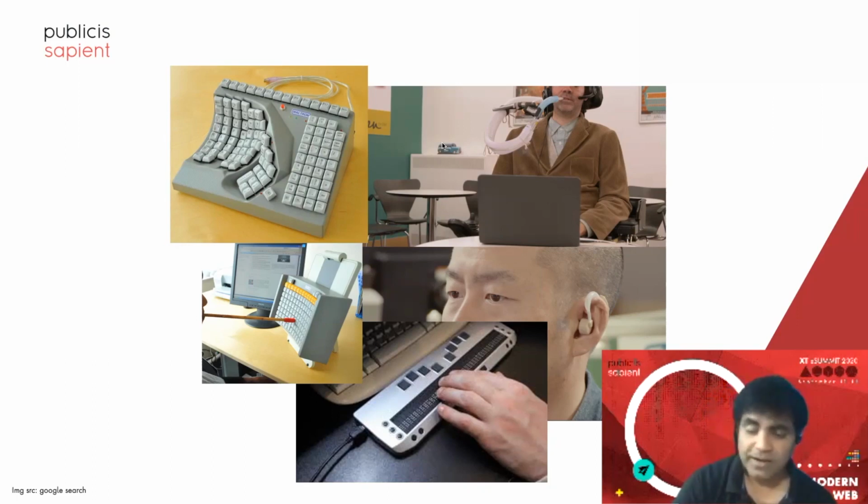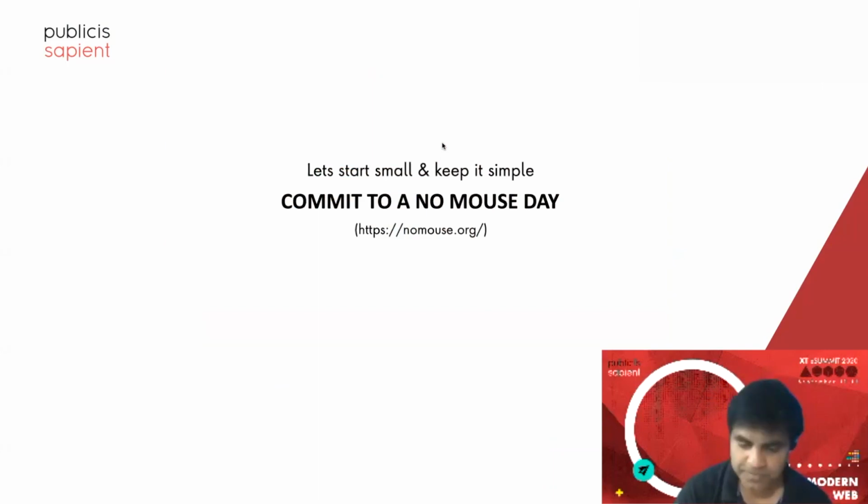So if you see, there is already a lot that the hardware organizations are doing. So what can we do? We need to make sure that we are making software which is compatible with and enhances the user experience of those who are partially disabled or are specially abled, so to say. One of the things that I've started doing is I've stopped using the mouse on Thursdays, which I call a no mouse day.